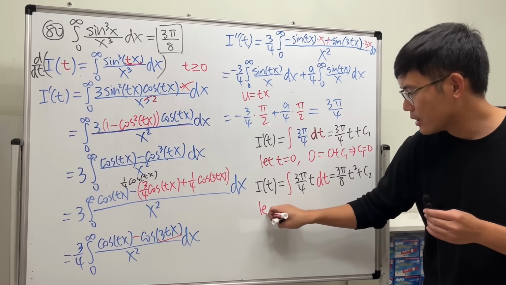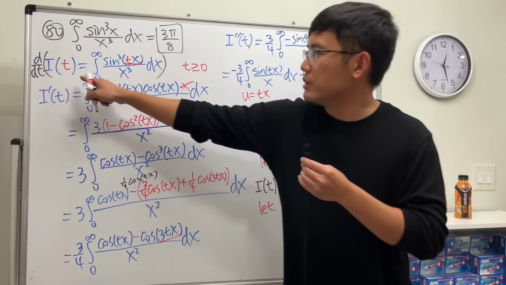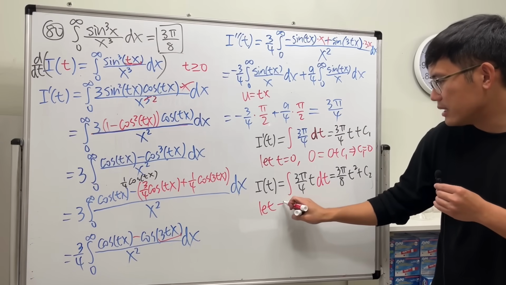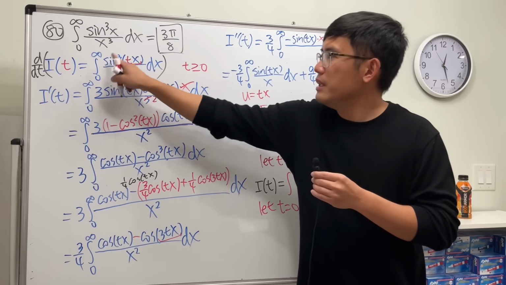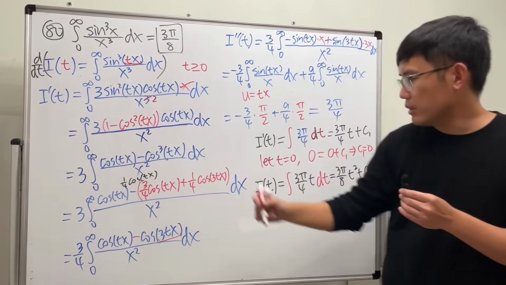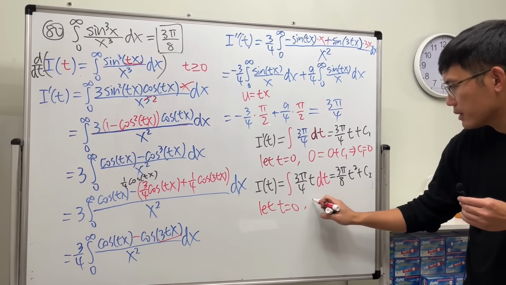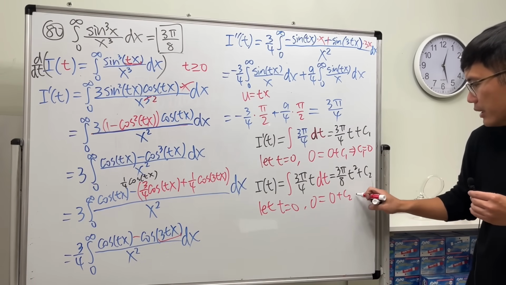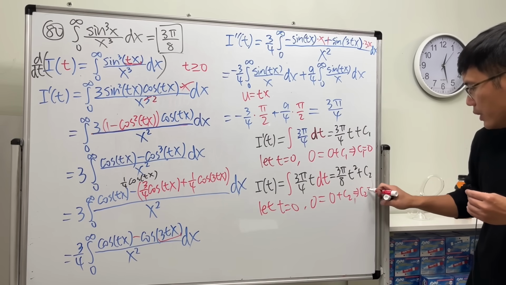Again, let's look at I of t, which is this right here, and we have this thing, and I'm just going to let t equal to 0. This thing in blue is 0. Equal this thing when t is equal to 0 is 0 plus c2. So c2 equal to 0.